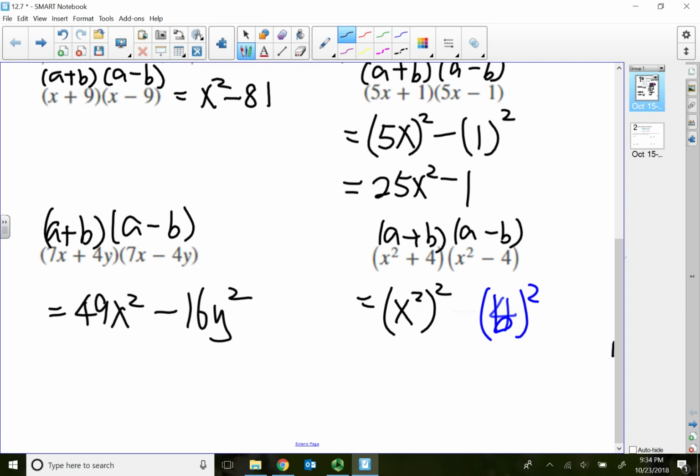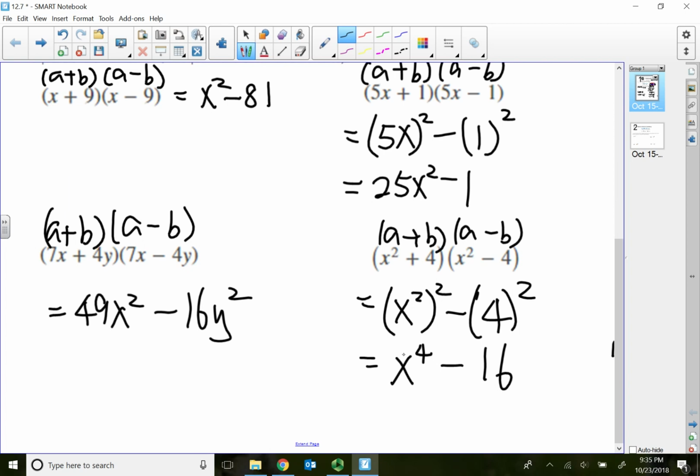Let's see what happens. My a, x squared, squared again, is going to be x to the 4th power, because we multiply exponents, minus my b, which is 4, whole thing squared, which is 16. So this is also considered a difference of squares answer.